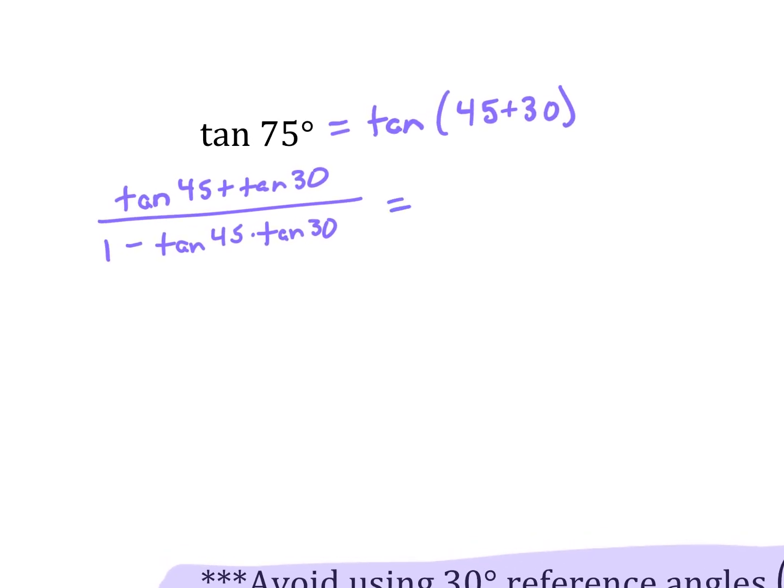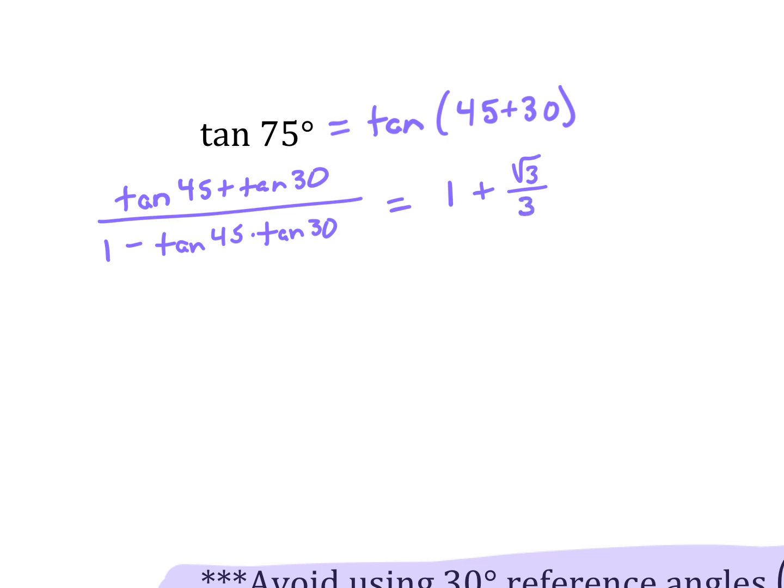Okay, here's where it gets a little bit messier, and you'll see how we have to deal with this. All right, tangent of 45, that's a nice pretty 1, right? The issue is the tangent of 30 degrees, we do numerator of the y over numerator of the x, right? And so that gives us the square root of 3 over 3 once we've rationalized that.